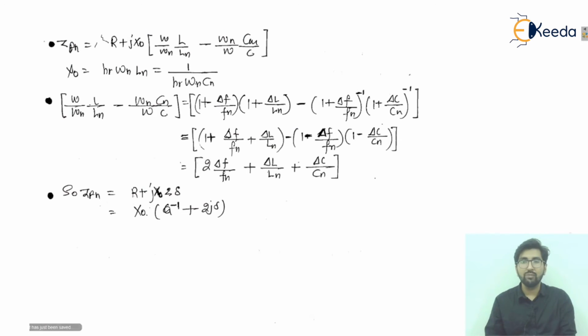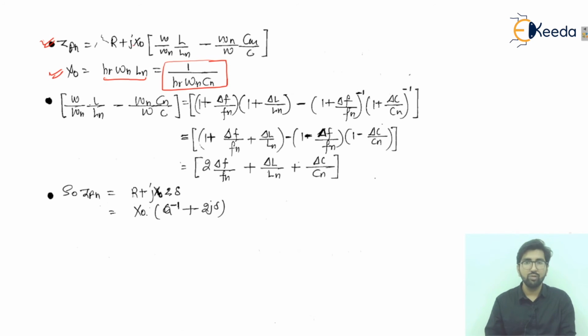Now, after the simplification, we can also get r plus jx naught. How? Just multiply and divide by x naught, where x naught is hr omega ln, and the second value is 1 upon hr omega n cn.